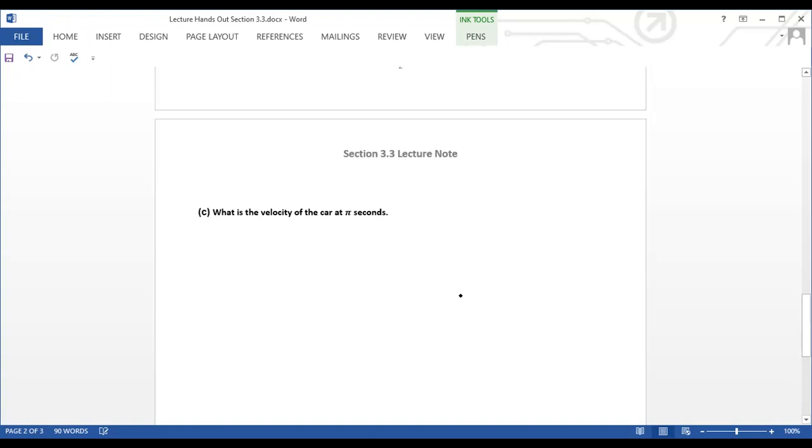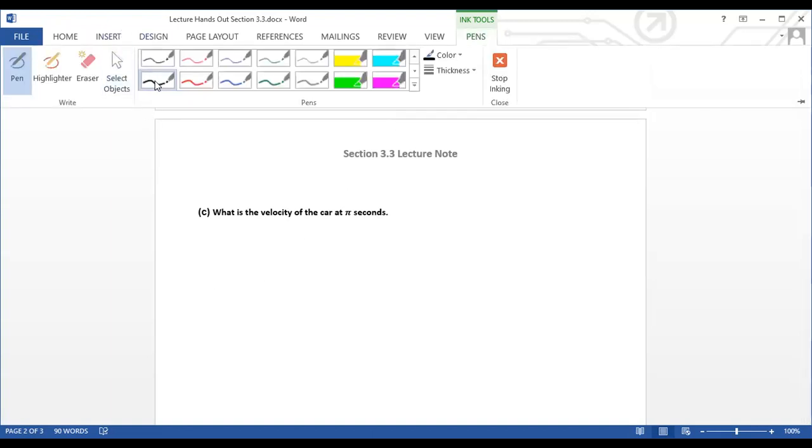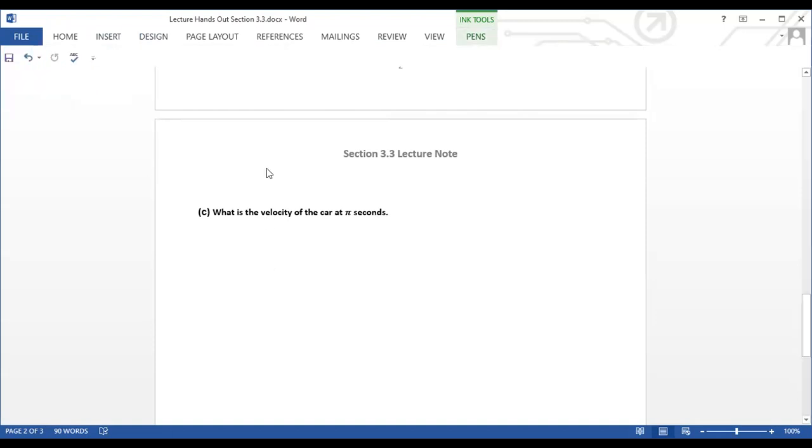Let's say, what is the velocity at pi, when x equals 3.1415 seconds? So I know that f prime x is equal to 1 plus cosine x. You want to find pi, so f prime pi.